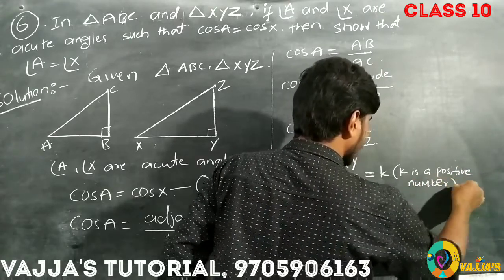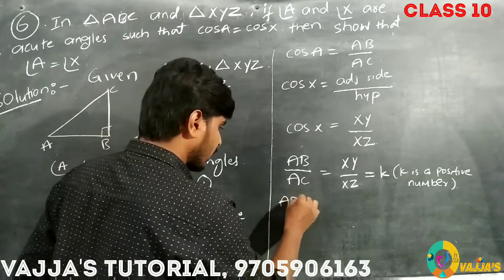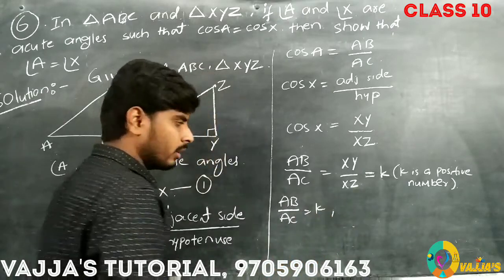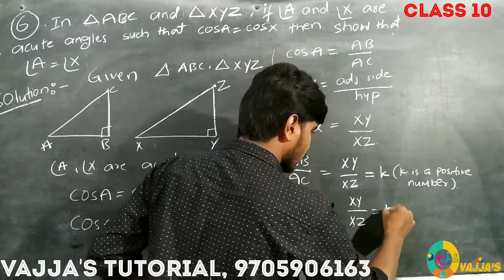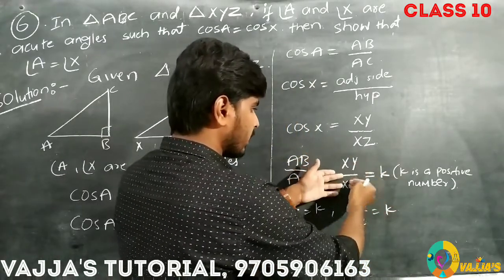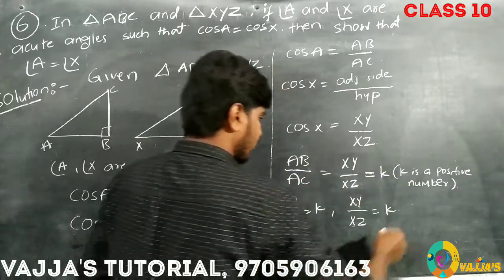So in the next step I write AB by AC equals K, and XY by XZ equals K. AB by AC equals K and XY by XZ equals K. This is equation 2.